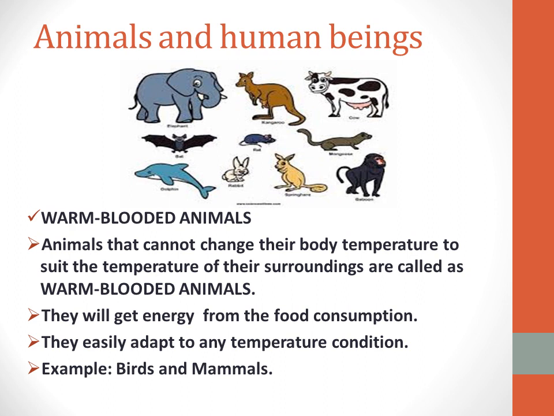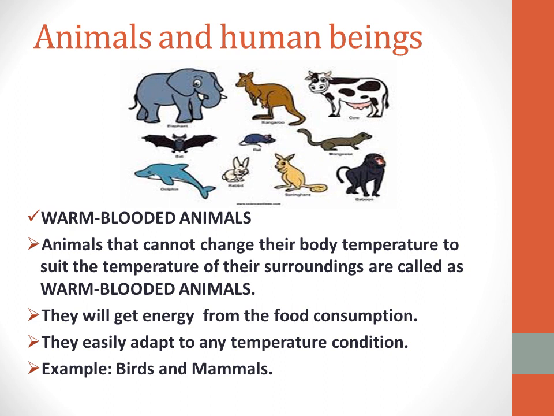Next one is warm-blooded animals. It is the opposite of cold-blooded animals. These animals cannot change their body temperature according to the surroundings. They will get energy from the food which they are consuming.